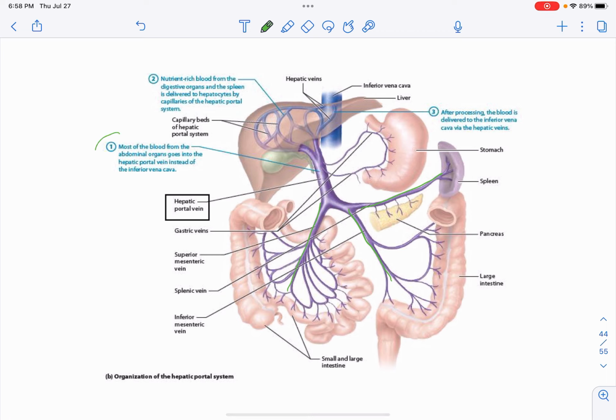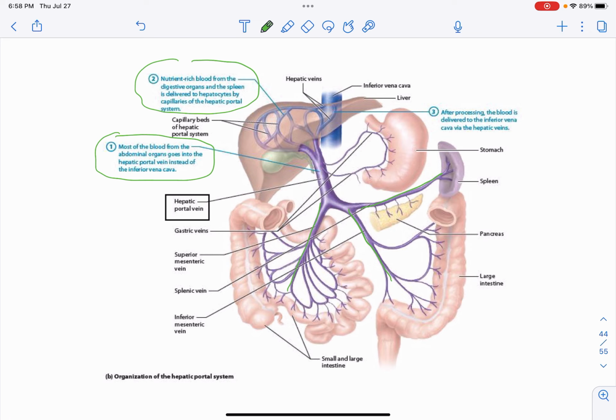So it's actually spelled out nicely right here. Most of the blood from the abdominal organs goes into the hepatic portal vein first instead of the inferior vena cava, because the nutrient-rich blood from the digestive organs is going to go to the hepatocytes so that the hepatocytes can grab all the nutrients through the portal system.